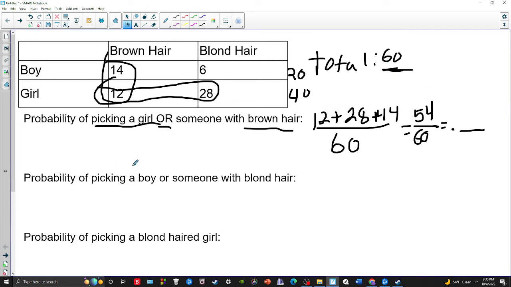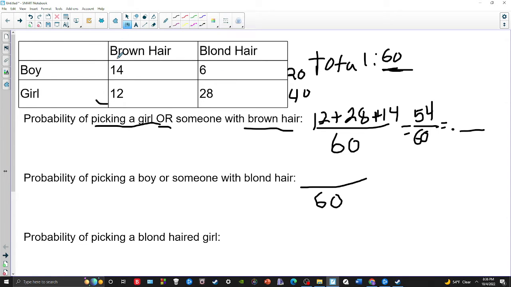The probability of picking a boy or someone with blonde hair. Again, we have our total on the bottom, the first thing we should get. A boy: what are my boy numbers? In this case, my boy numbers are 14 and 6. So I have 14 plus 6. And then blonde hair is going to be these two numbers here.